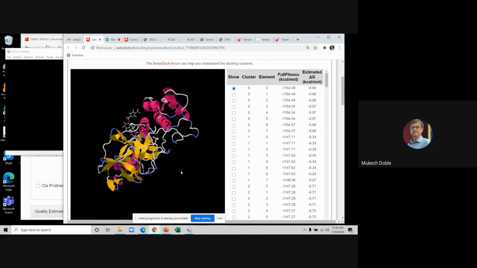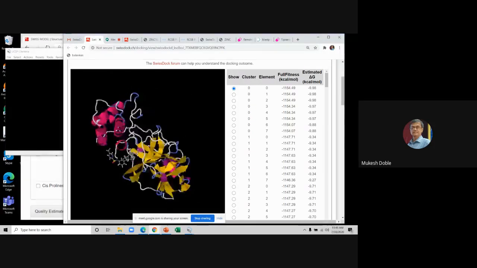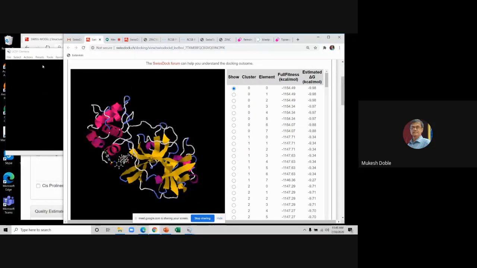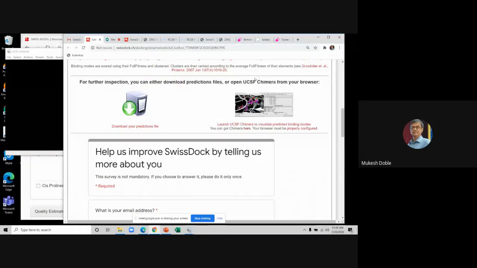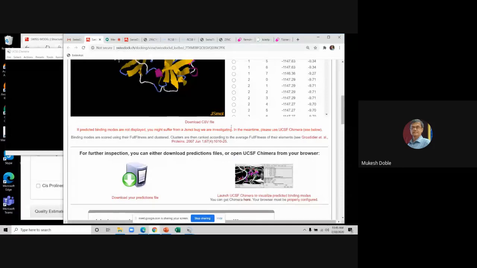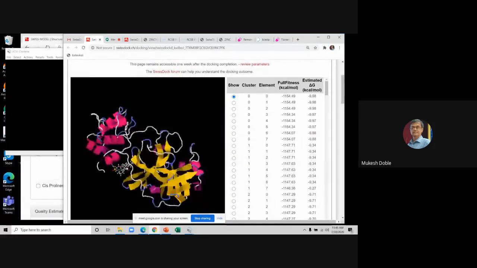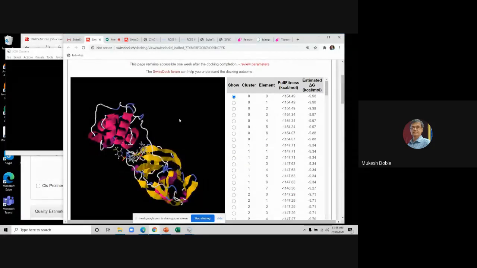Okay, if you want to view the protein with the ligand, we need that, or we need something called JSmol. One of those two viewers we need, JSmol or this UCSF Chimera. As it is mentioned here, either you need UCSF or JSmol, one of those two things. Then only we can view these proteins also. Okay, so this is how the concept of docking goes.